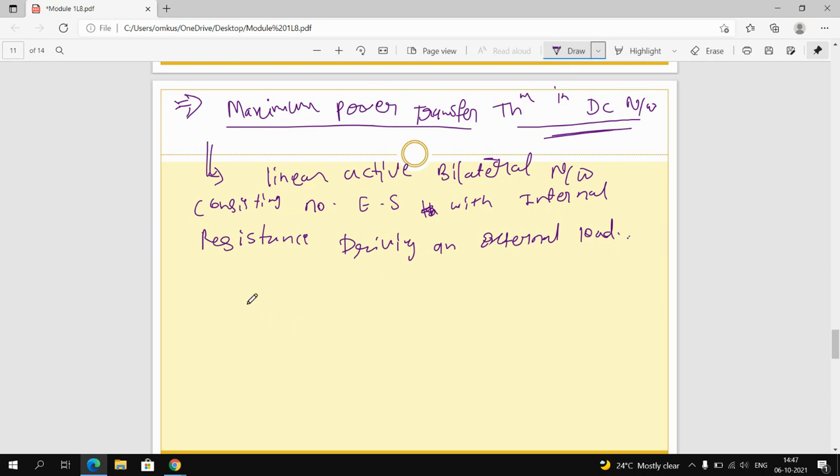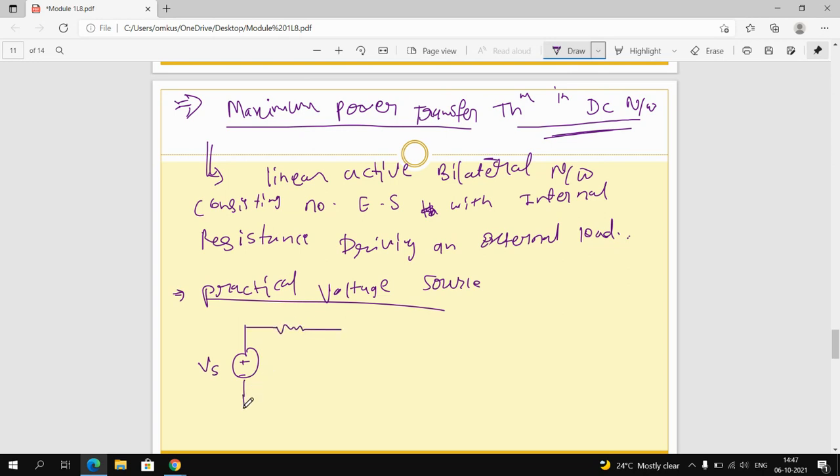Okay, so here I have simply taken one practical voltage source. See, this is your voltage source given to you in your exam or in your practical, when you do practical applications in your lab.